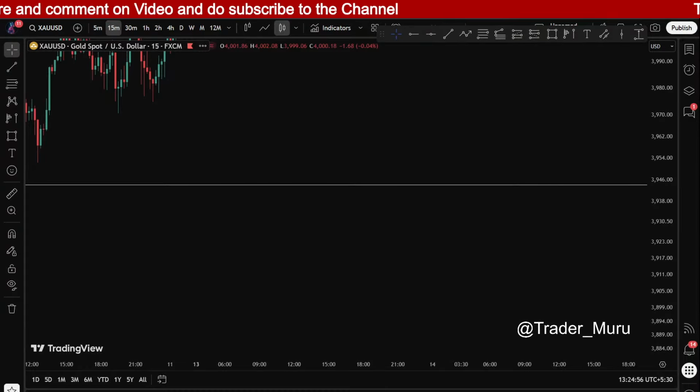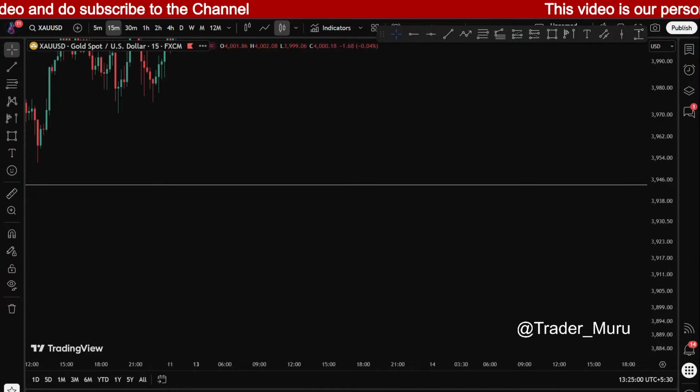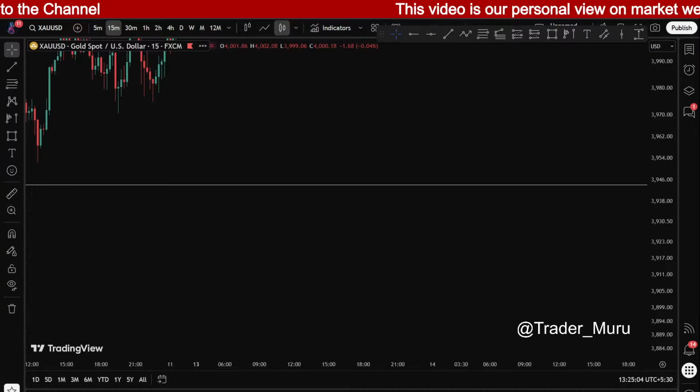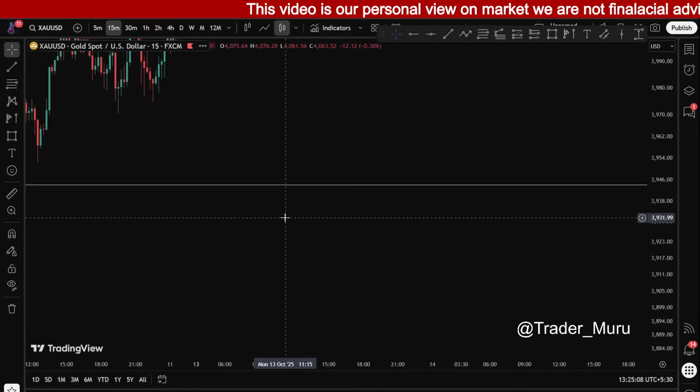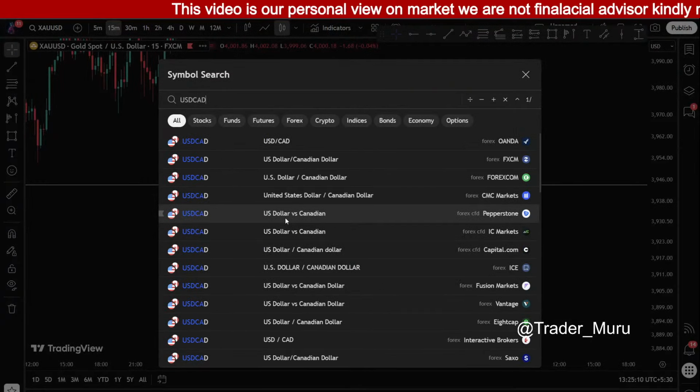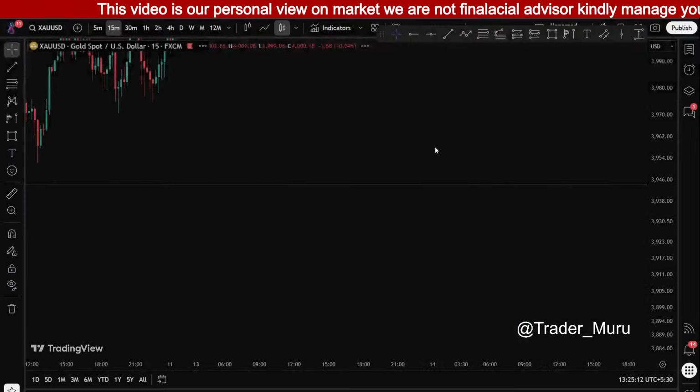I have one more doubt. USD CAD daily time frame double top, neckline retest and rejection. Please check the daily time frame also and monthly time frame clear. USD CAD, I have already told you guys, it is bullish right now.